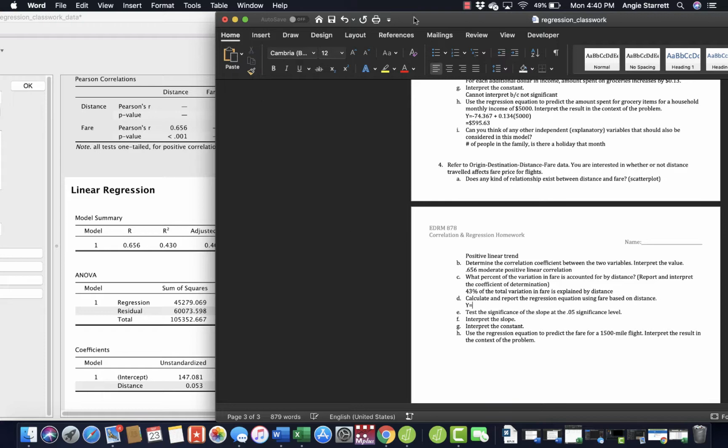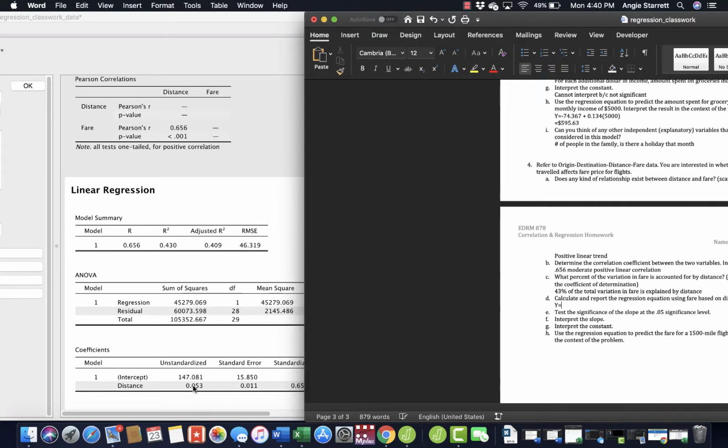All right, we want our regression equation. So we're going to look here in our coefficients table at the unstandardized coefficients. So y equals 147.081 plus 0.053 times distance. We want to test that slope of 0.053.